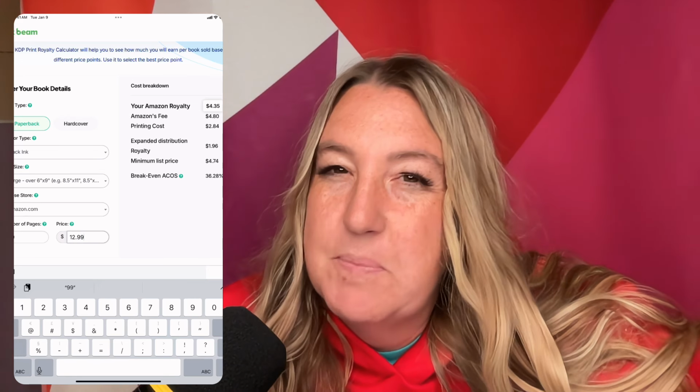Especially low content. There's a lot of people that might not pay $9.99 for a notebook, but there are people that do. I have lined and even empty books that sell for way more than that. So if we hit enter here, you can see that my royalty went up about 70 cents. And this is the number that I need to understand when I am running my ads.